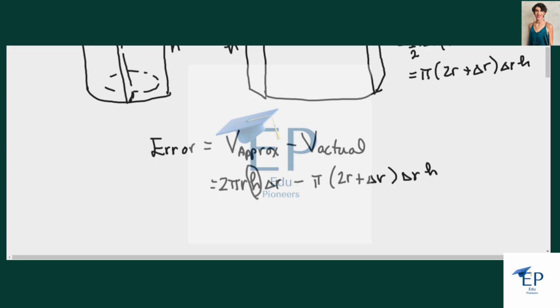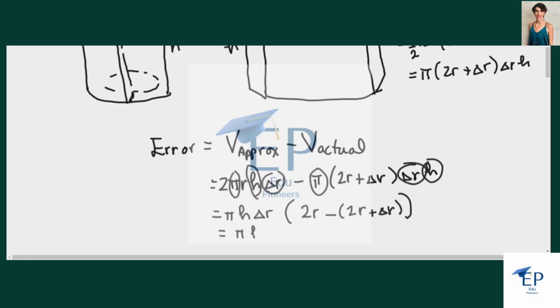Okay, they both have an h I can factor out, they both have a pi I can factor out, and they both have a delta r that I can factor out. So pi h delta r, and then what's left? 2r minus (2r plus delta r).